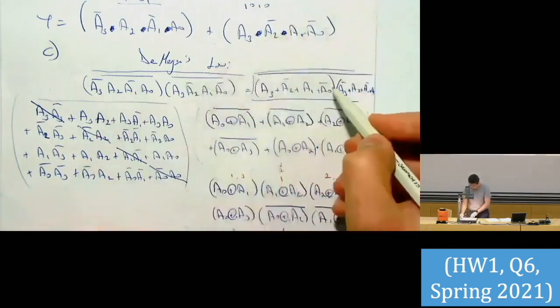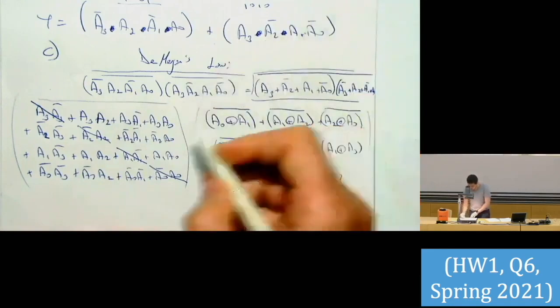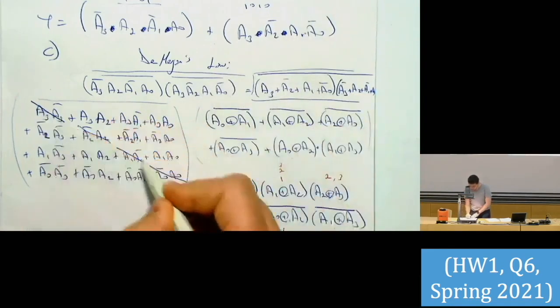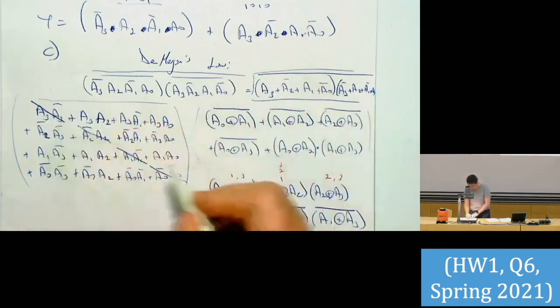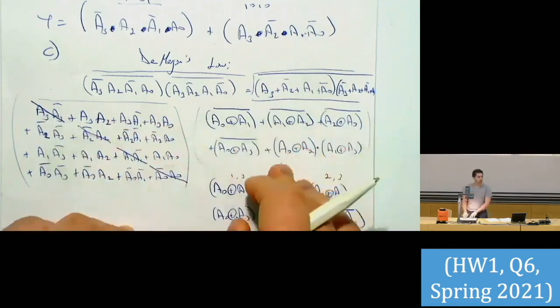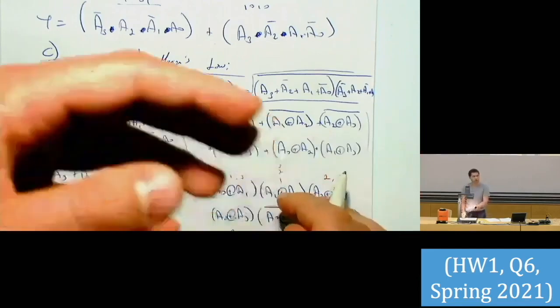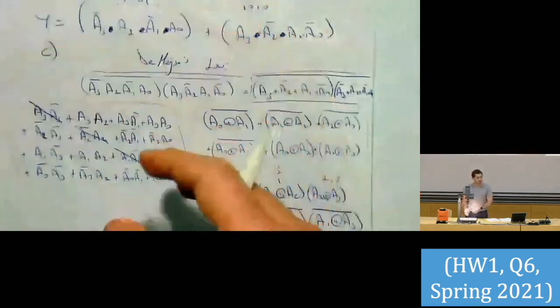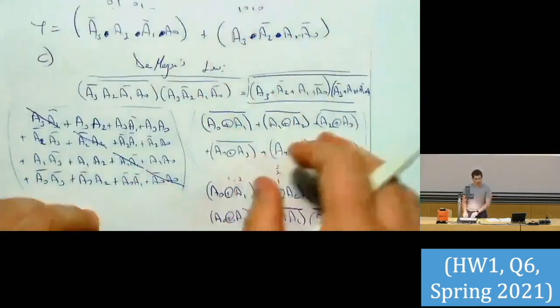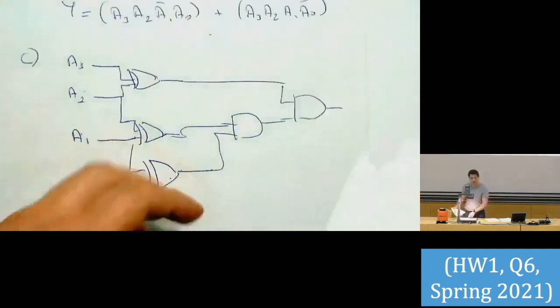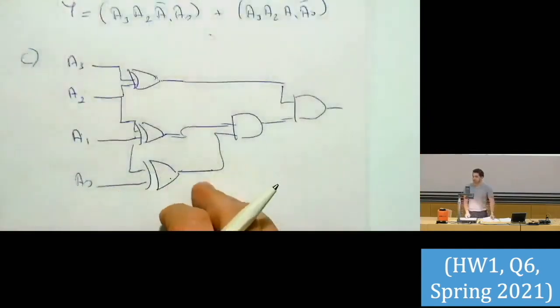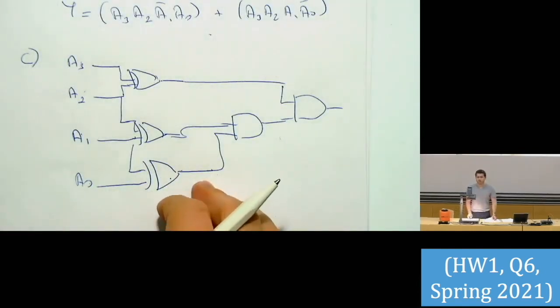You can distribute those in such a way that all of these will be cleared, and the rest will give you a bunch of XNORs and XORs, and some of the XORs or XNORs will be implicitly included in other XORs, and then you will also end up with the same circuit. If you don't have any questions related to that, we can take a break.